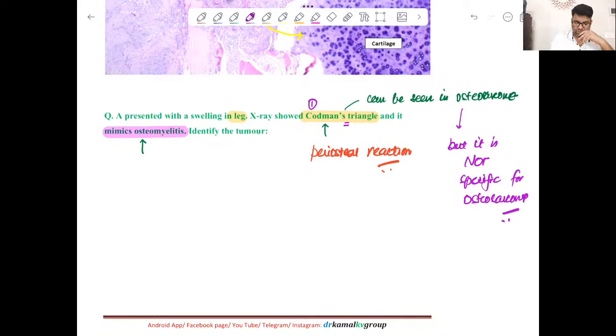Now the condition is looking like osteomyelitis. So it means in terms of age group, which is the second decade, right? Then in terms of location, which is around the knee joint, right?